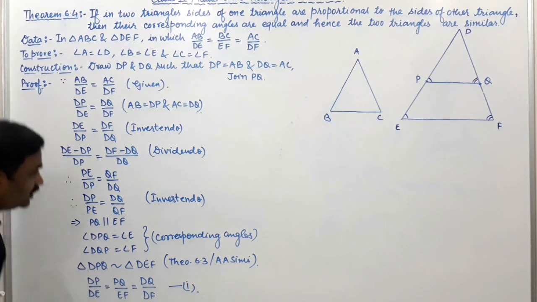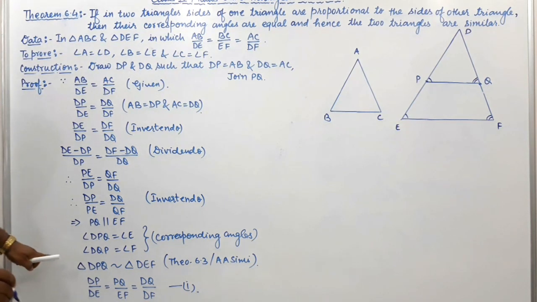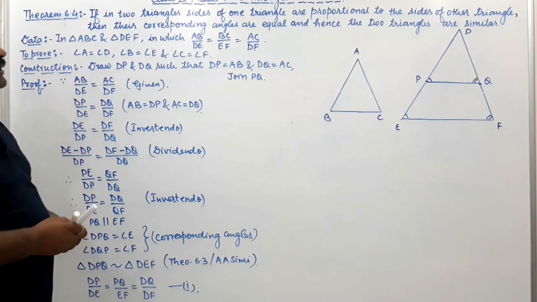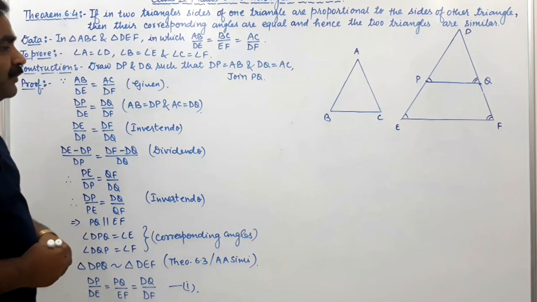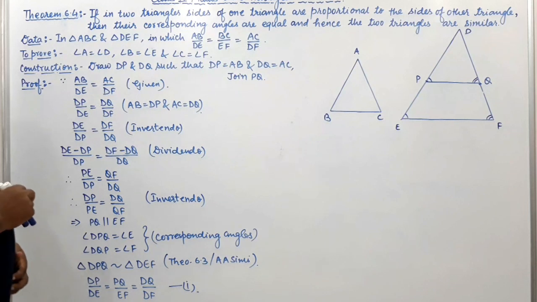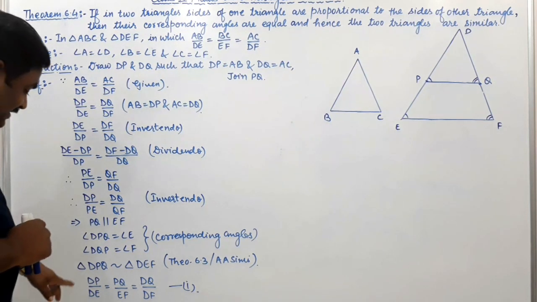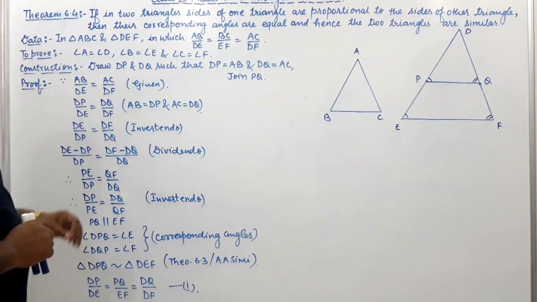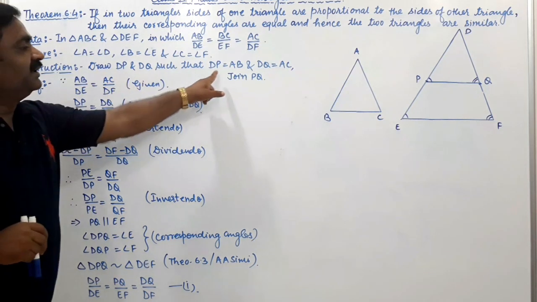Now DP upon DE. DP can be written as DP equals AB, as you have constructed.